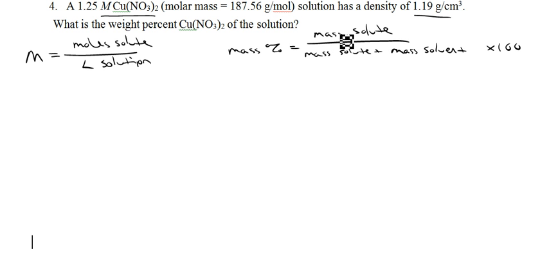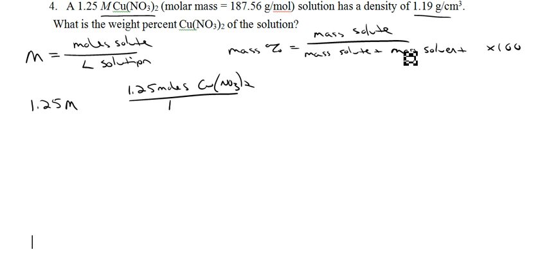So we do know the molarity, so like we did before, we'll assume that if we have a 1.25 molarity solution, then we can say that we have 1.25 moles of solute, the CuNO3, per 1 liter solution. And if that's true, then if we have 1.25 moles of the CuNO3 we can convert it to mass using the molar mass.